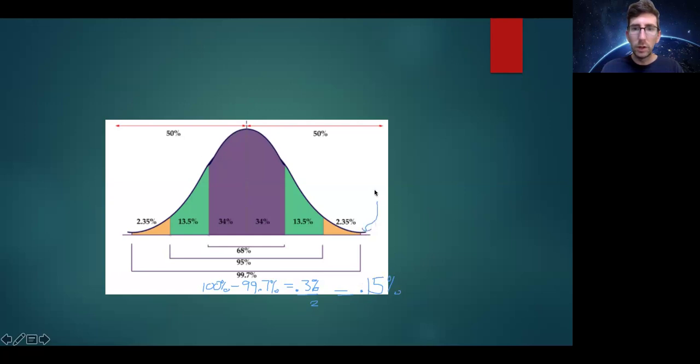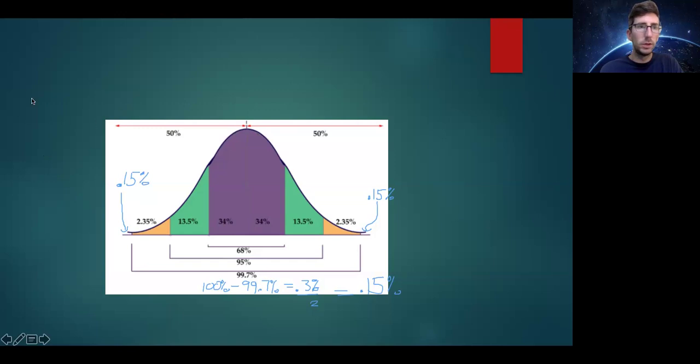So this little bit here is 0.15%, and over here on this side is also 0.15%. And we'll see this 0.15% will come into some questions in the next slide, okay?